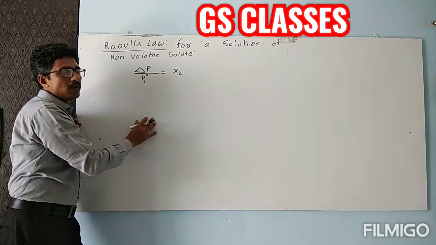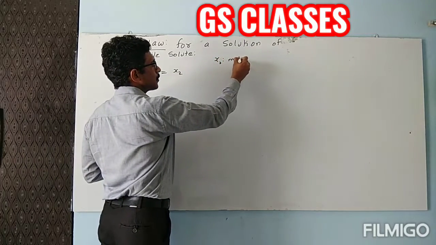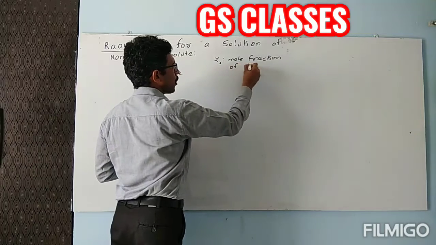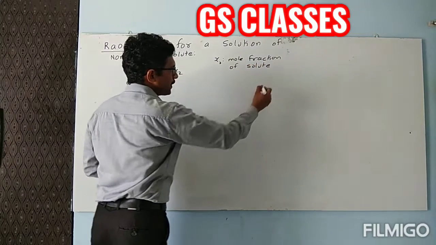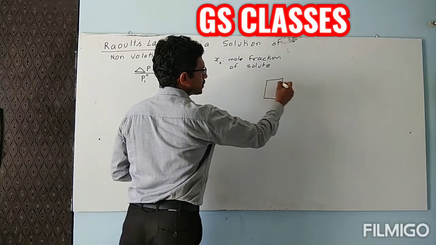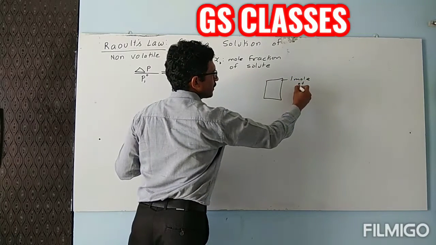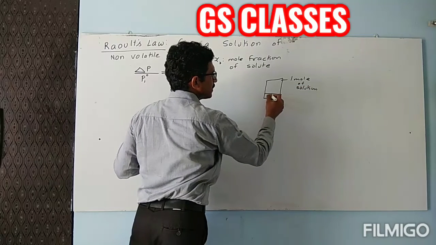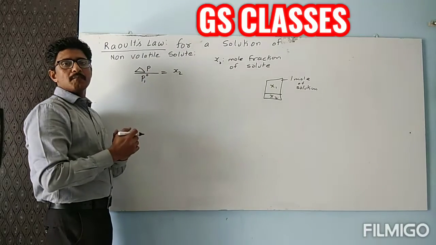X2 is the mole fraction of solute. Means if 1 mole of solution you are taking, then how much is X2 and how much is X1? That is known as the mole fraction.